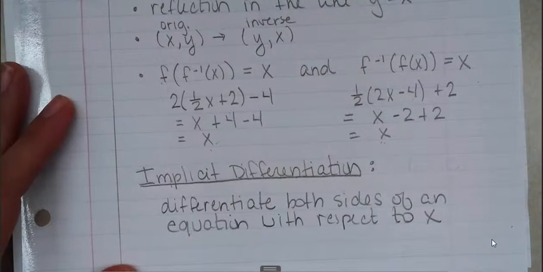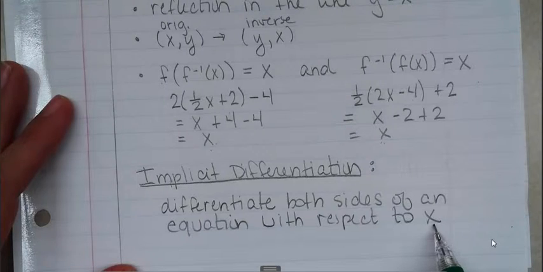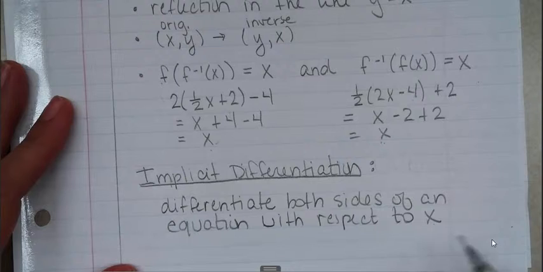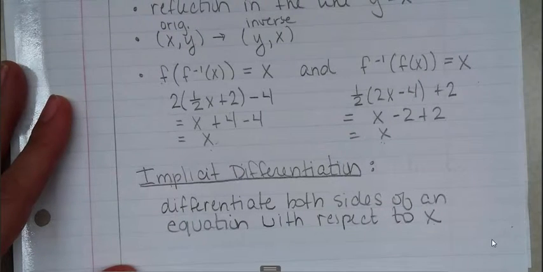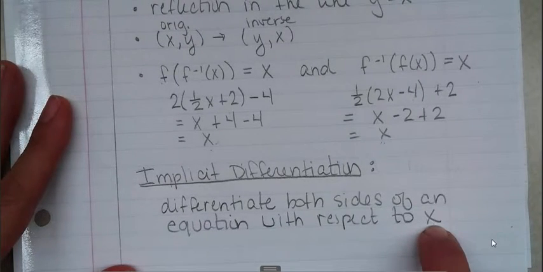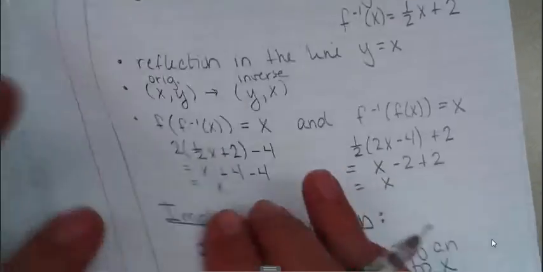There might be other variables in there, but it's important that you're always saying with respect to x. So like dy/dx, dt/dx, dc/dx, whatever variables are in there, you're always doing it with respect to x.